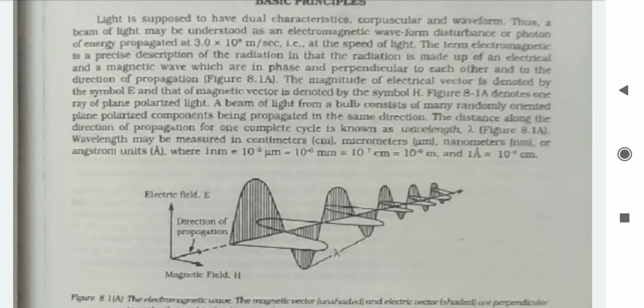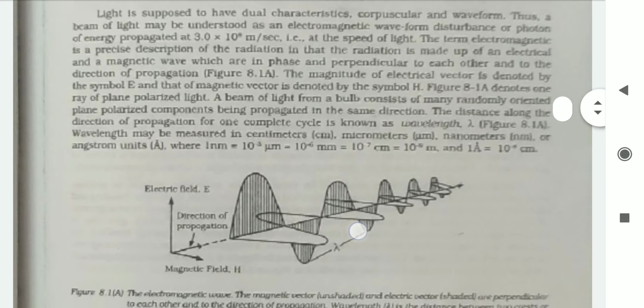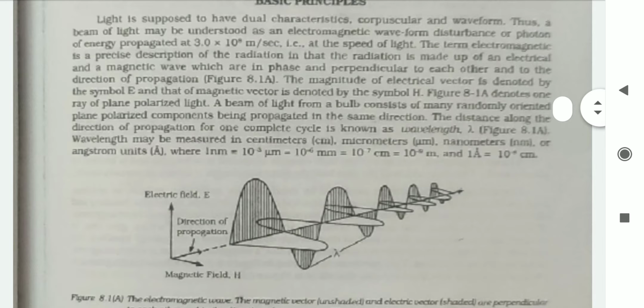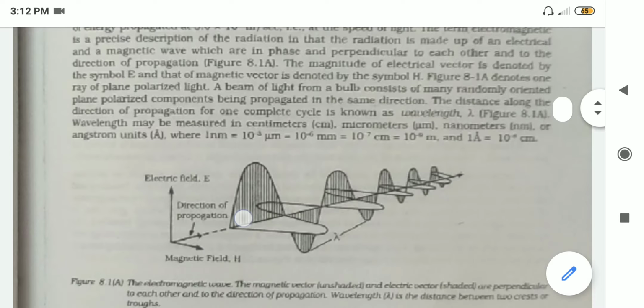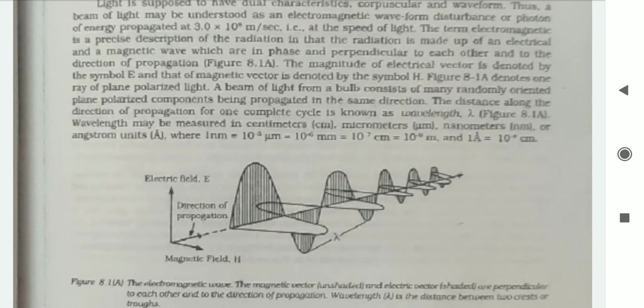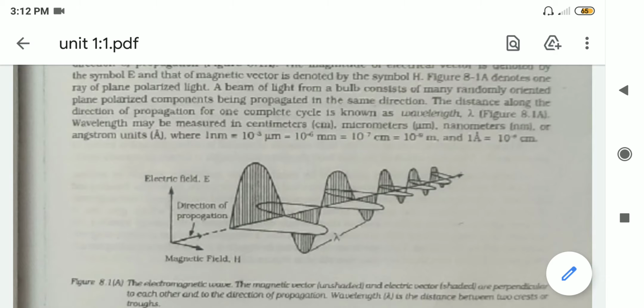When we are talking that light is traveling from one place to another in the electromagnetic form, in the wave form, it is traveling along the axis from one point to another.